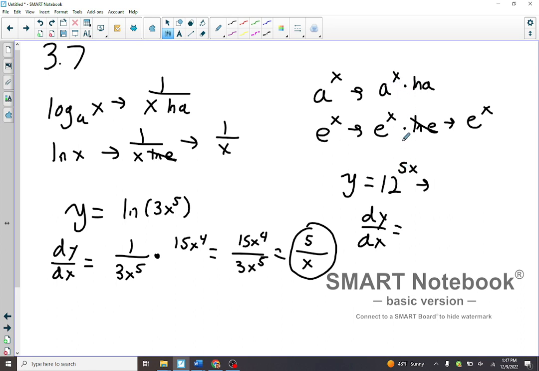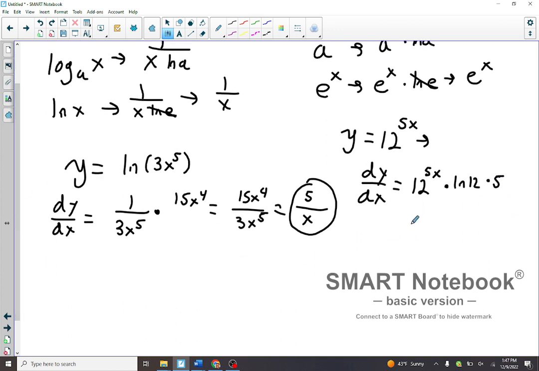So it's going to be a to the x, so it stays exactly the same, 12 to the 5x, times the ln 12, times the derivative of this part right here. It's a chain rule because it's lumped inside something else. So the derivative of 5x is just 5.